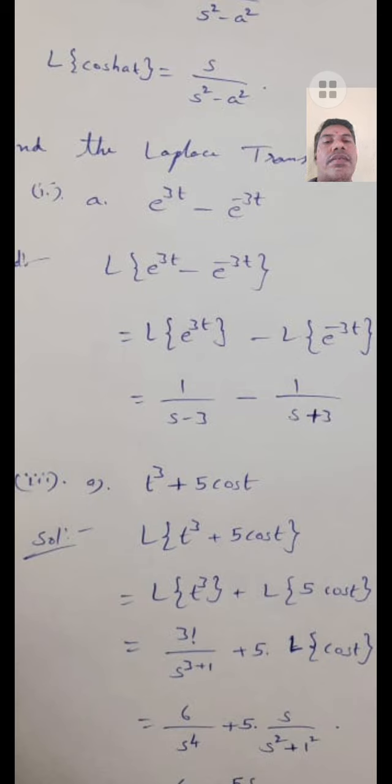Here we have two terms, so we can split the Laplace transformation for each term: Laplace transformation of e power 3t minus Laplace transformation of e power minus 3t. So 1 by s minus 3 minus 1 by s minus of minus 3, that is s plus 3.